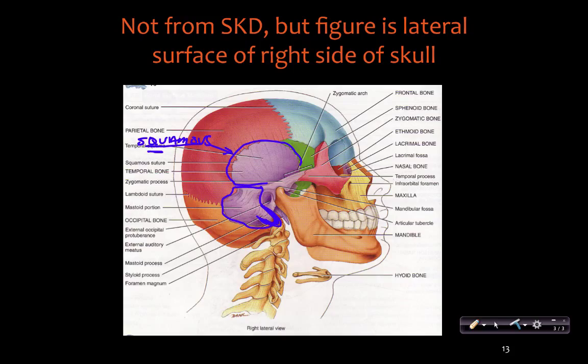If you bring your fingers down along the margin of your outer ear, you'll eventually come up to a point that's rounded, and that would be this section right here that I drew kind of big. That big rounded bump is the mastoid portion.